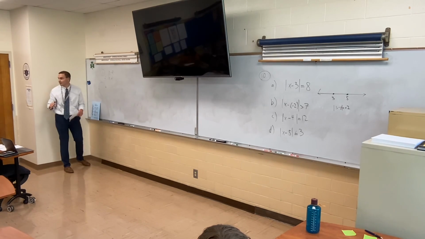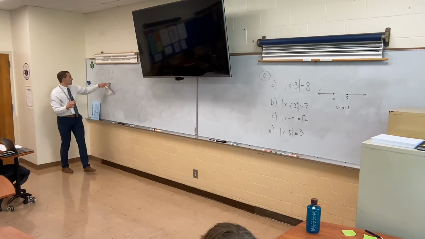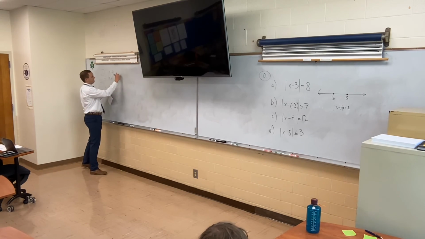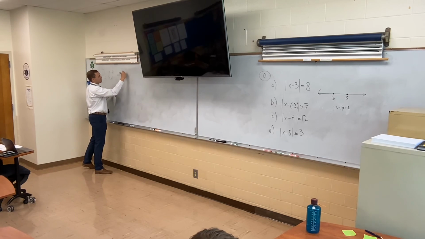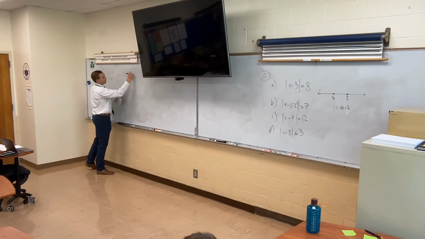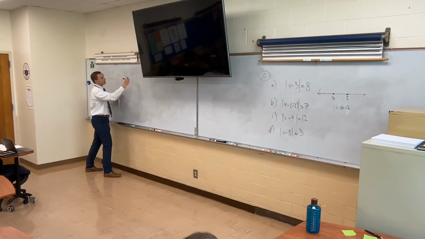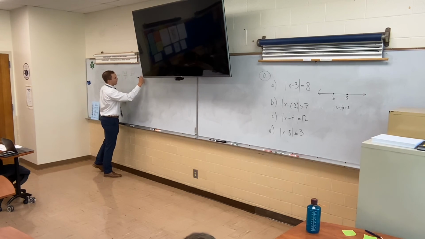If I find their distance, I'll find the diameter itself, which gives me the radius. So the midpoint is (3 + 4)/2 and (-6 + 0)/2. It gives me 7/2 and -3.